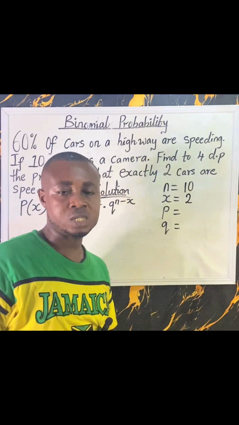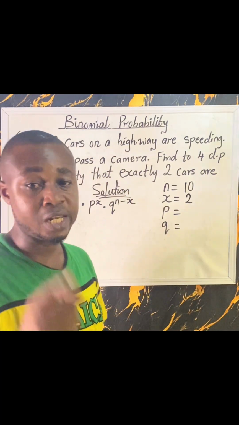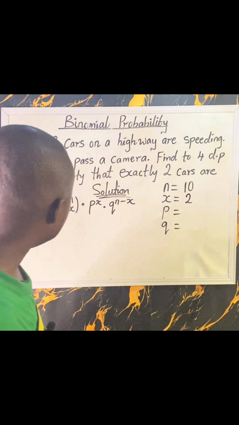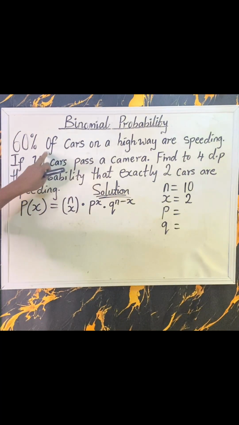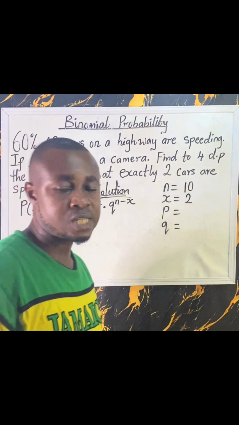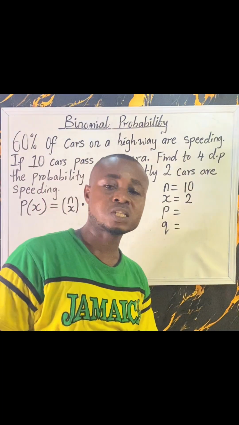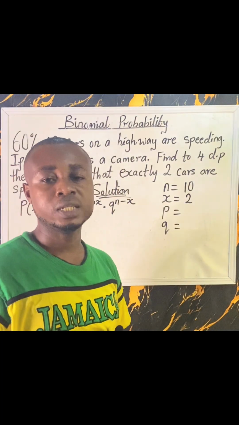Then p, which is the probability of success in a single trial. Remember, 60% of cars on a highway are speeding. So the probability of success in a single trial becomes 60%. But of course, 60% can be converted to decimal.